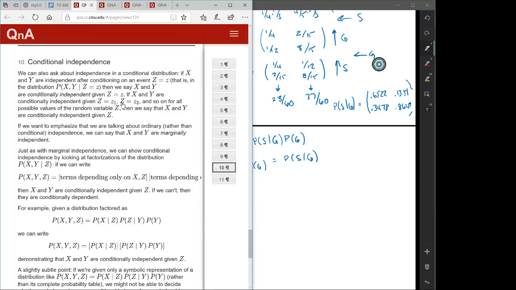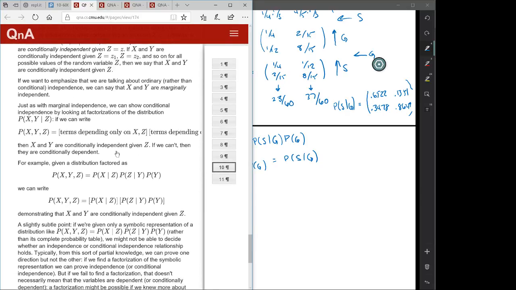Just to distinguish conditional independence from the other kind of independence that we just talked about, the other kind is also called marginal independence, meaning in the marginal distribution. So if you marginalize out Z, you'll get p of x, y, and if X and Y are independent in that, we say they're marginally independent. And if you condition on a value of Z, then you get p of x, y given that event, and if they're independent in that distribution, they're conditionally independent.